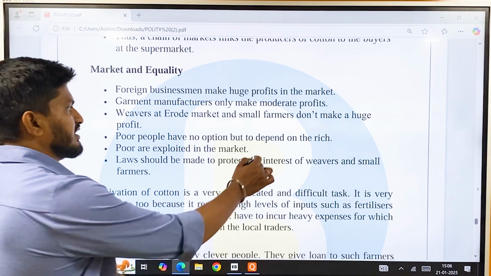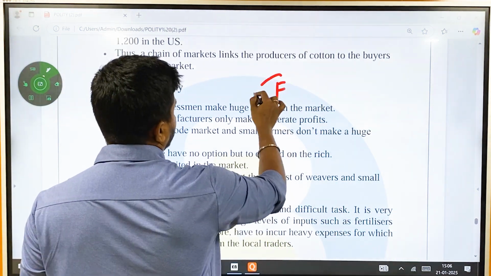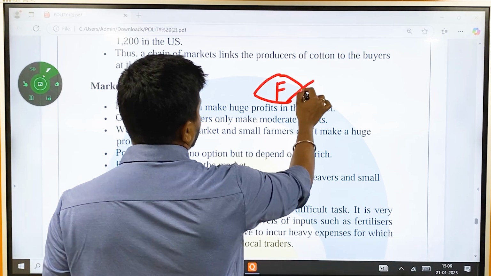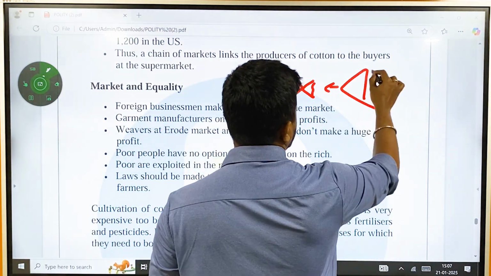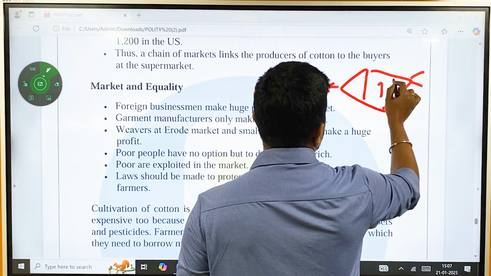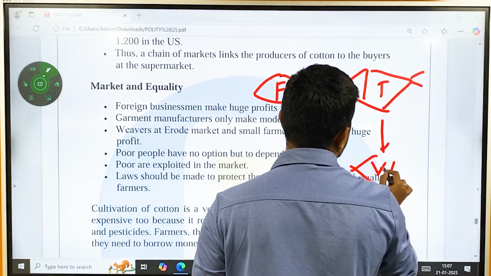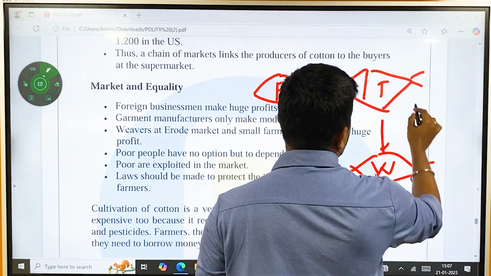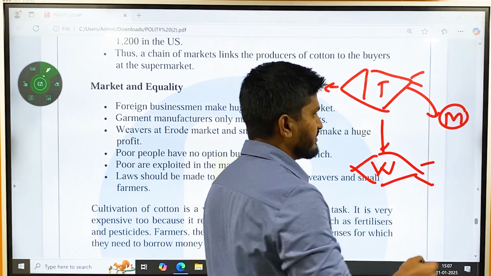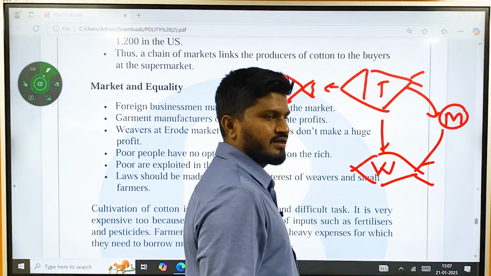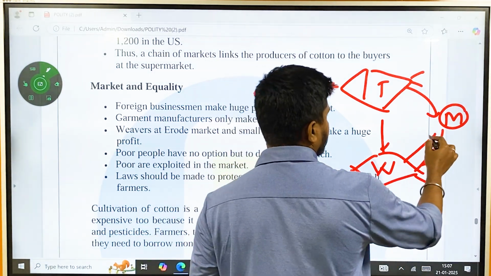It is similar to this: if the farmer is a smaller fish, there is a trader who is a bigger fish. The weaver is again a smaller fish. From this trader, a merchant is going to buy the raw materials and give them to the weavers, and the finished product is taken by the merchant himself.